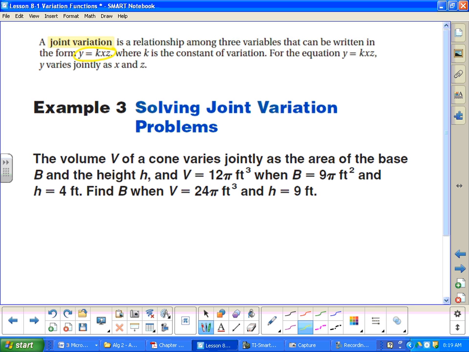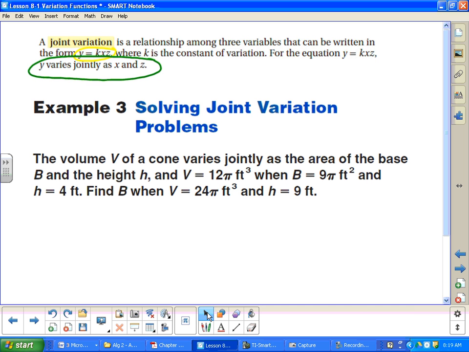If it says y varies jointly with x and z, that means the formula is y equals kxz. So this thing equals k times these other two.